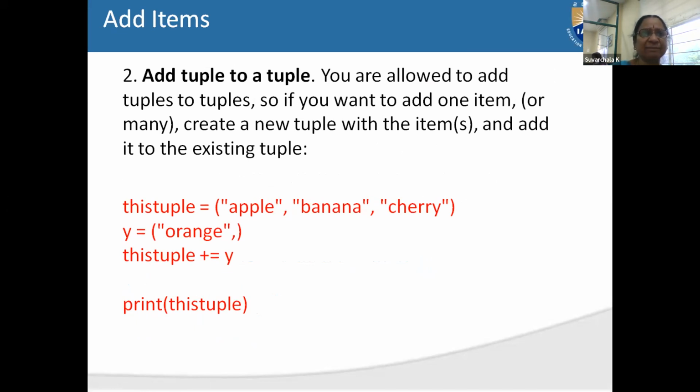For example, the first tuple is here, and I am using another tuple y. Look, I put a comma, since it is a single element. Now this tuple is updated as this tuple equal to this tuple plus y. We are concatenating two tuples. That is also possible.